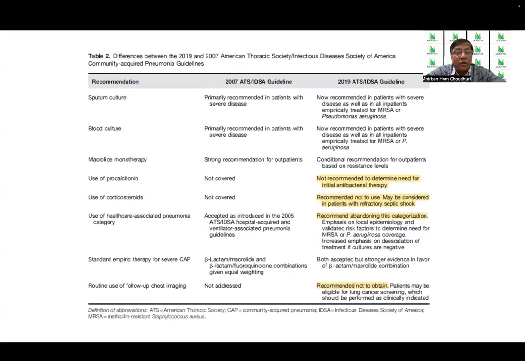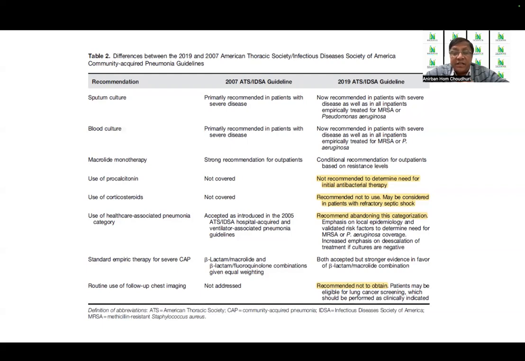If we look at the 2019 and 2007 guidelines, we can find there are a lot of differences. The major differences in the guidelines of the ATS and the IDSA are that in the 2007 guidelines, procalcitonin was not that widely relevant, so it was not covered. Use of corticosteroids was also not covered. In the 2019 guidelines, procalcitonin is not recommended to determine the need for initiating antibacterial therapy.